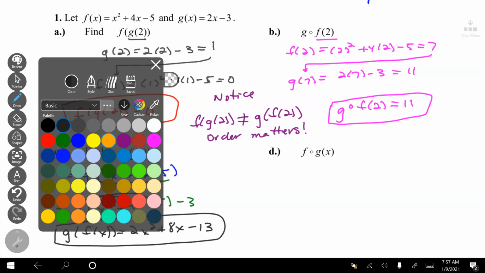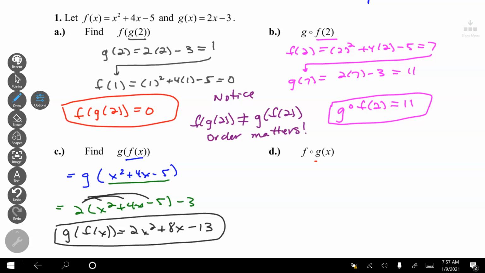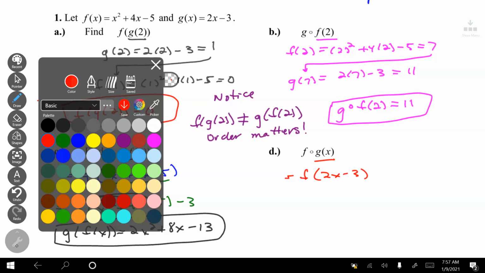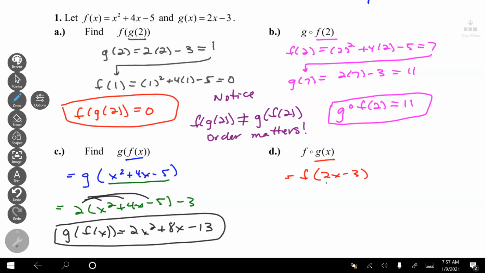Now I have to go the other way. This is going to be a little bit more work. So I have to do g first, so this becomes f of g, which is 2x minus 3. And the 2x minus 3 becomes the input for every time you see x. So it's 2x minus 3 squared plus 4 times 2x minus 3 minus 5.